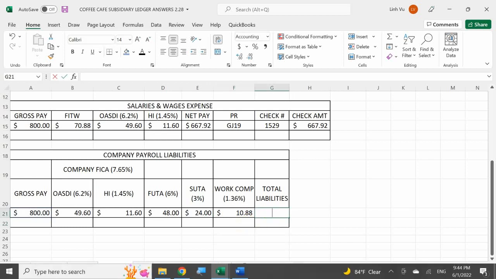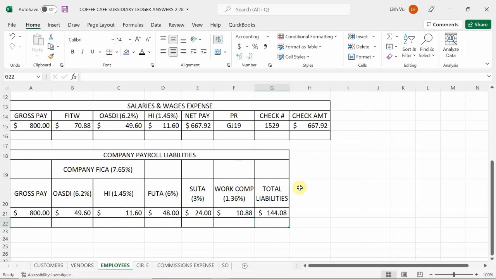Okay, which is going to give you $10.88. So let's calculate our grand total payroll liabilities that the company is responsible for. In this case, we have to pay an additional $144.08 for having Irene as an employee.